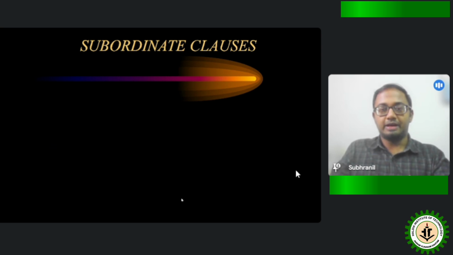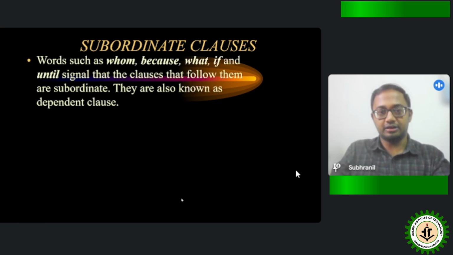Let's move on to our next type, that is the subordinate clause or the dependent clause. Now, these dependent clauses are introduced by words like whom, because, what, if, until.